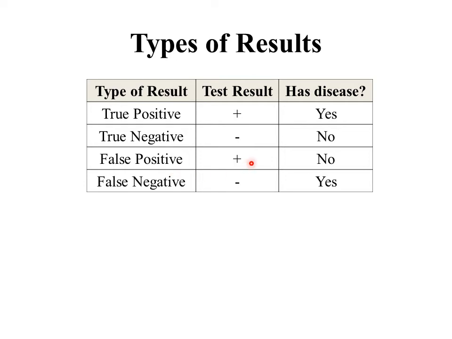A false positive is where we get a positive result but do not have the disease. A false negative is where we get a negative test result but actually do have the disease. Medical tests are not perfect, and that's why we can get false positives and false negatives. So we need to take those into account when analyzing the results from tests.